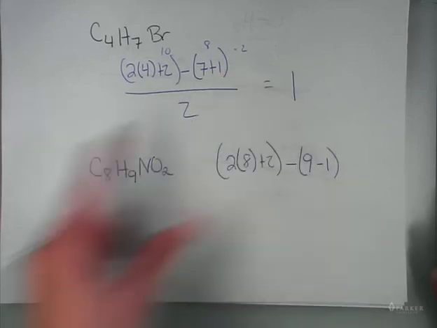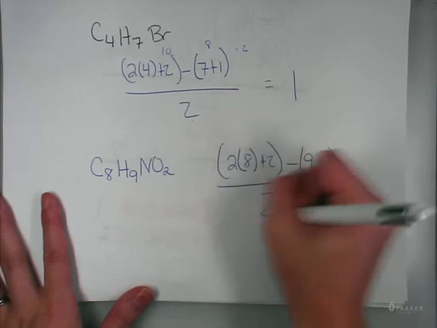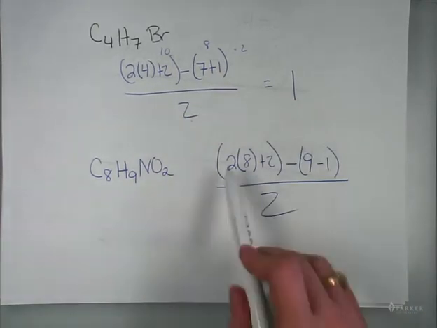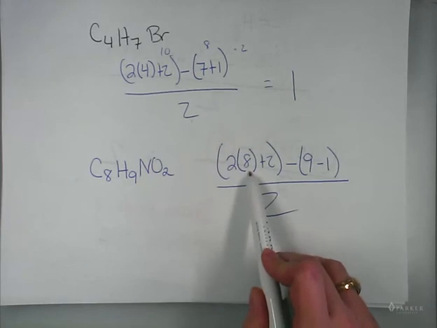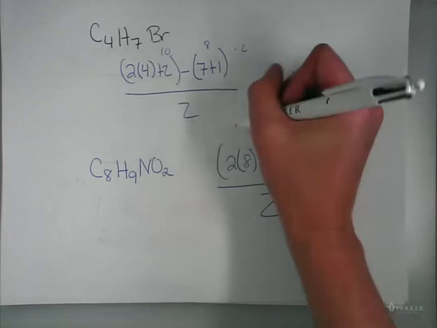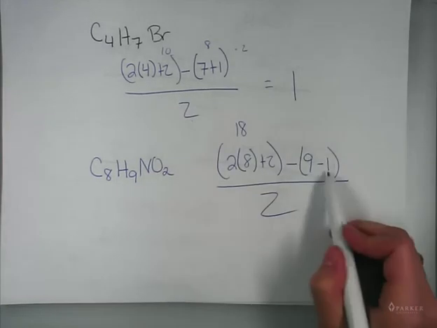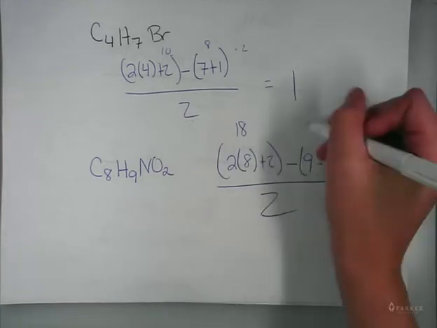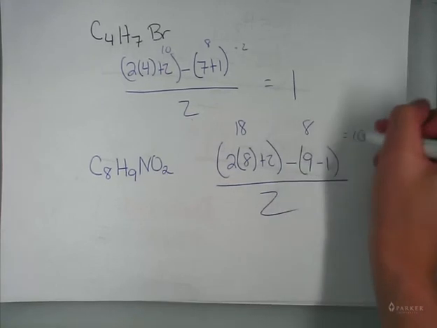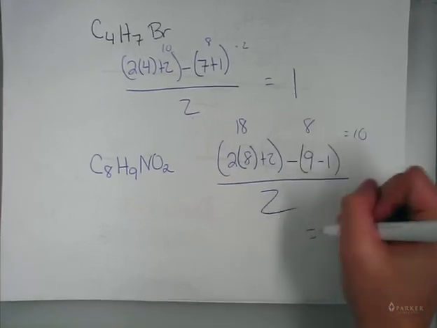No, so don't put it in the formula. Divided by 2. So what do we have here? We have 2 times 8, which is 16, plus 2. 9 minus 1, 8. 18 minus 8, 10, divided by 2, 5.